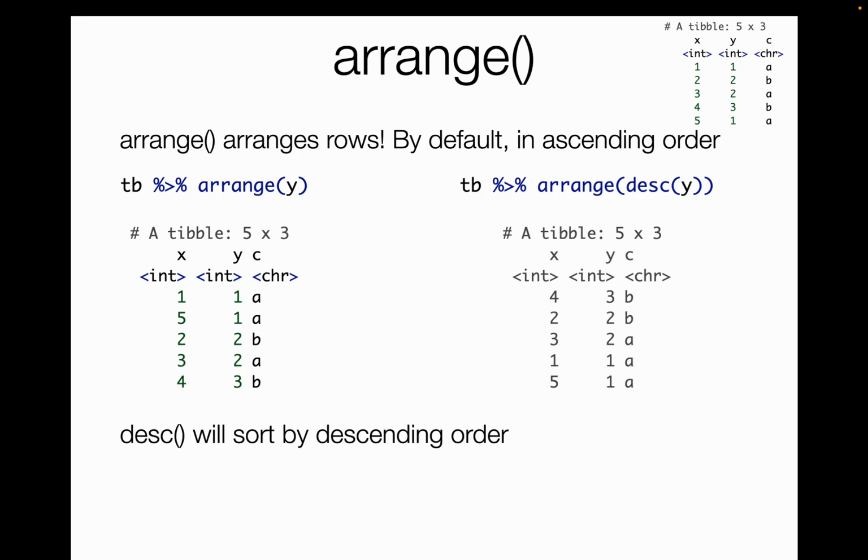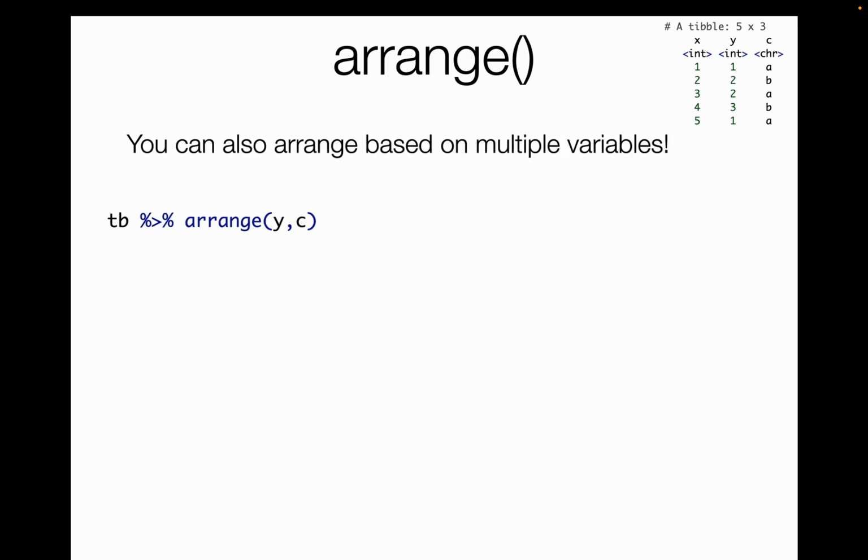And what changed is if I break ties with C, it now goes 1, 1, 5, 1, 3, 2, then 2, 2. So it's that third and fourth row that switched because there was a tie for 2 and 2, and the A versus B broke that tie.